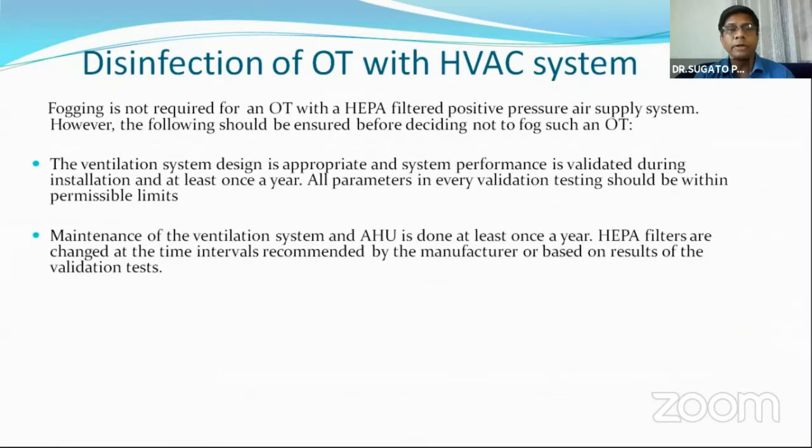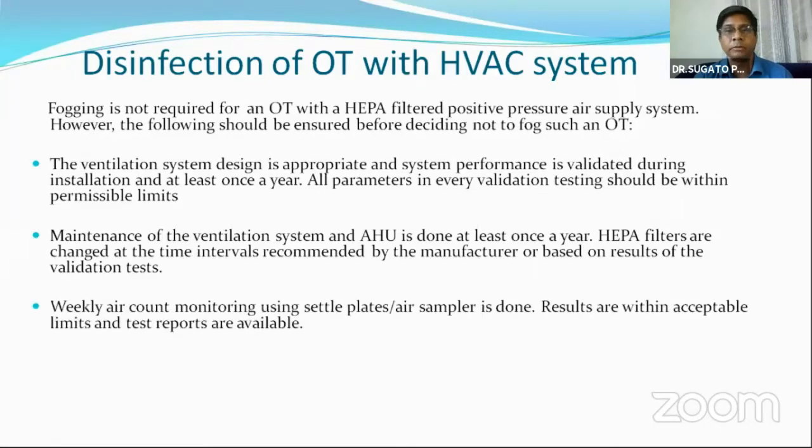Maintenance of the ventilation system and AHU should be done at least once a year. HEPA filters should be changed according to the manufacturer's recommendation, and also depending upon the result of the validation test. And weekly air count monitoring using settle plates or an air sampler should be done.